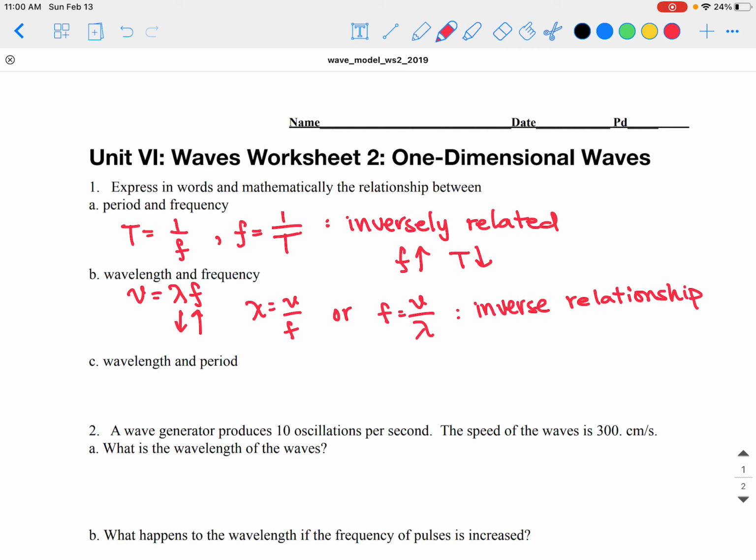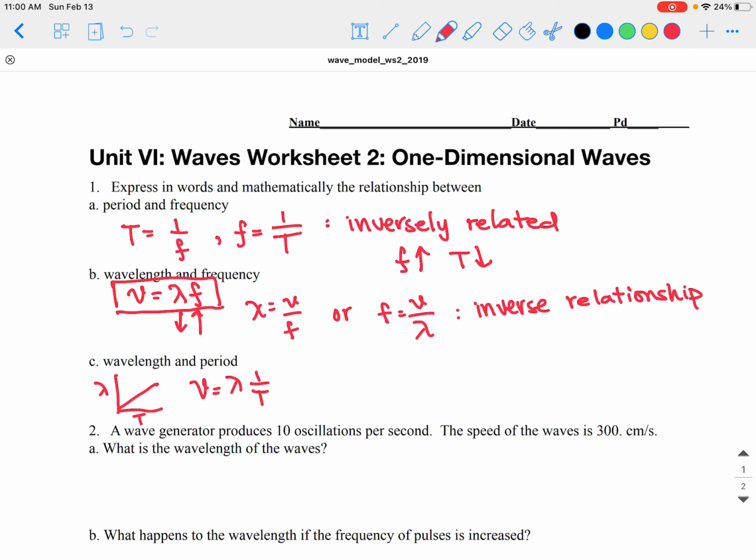So wavelength and period: this is what you graphed in the Waves on a String lab, and you should have seen that as the wavelength increases, the period increases, so it's a direct relationship. If I take this equation and convert the frequency to period, velocity is equal to wavelength times 1 over period, and you can see the direct relationship between wavelength and period.